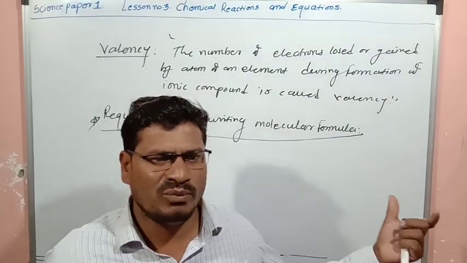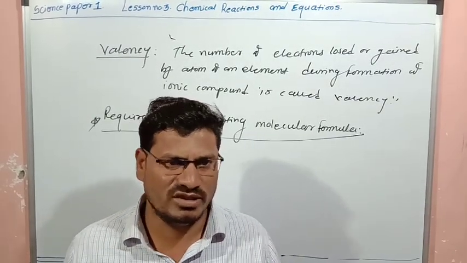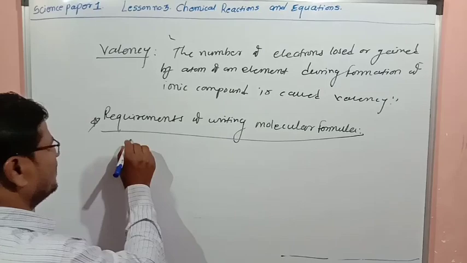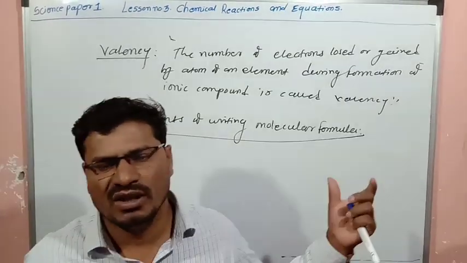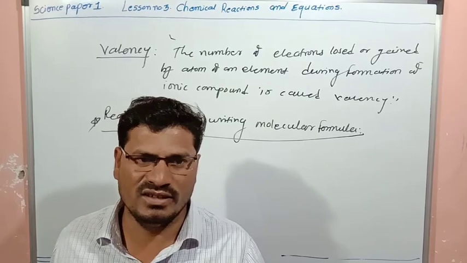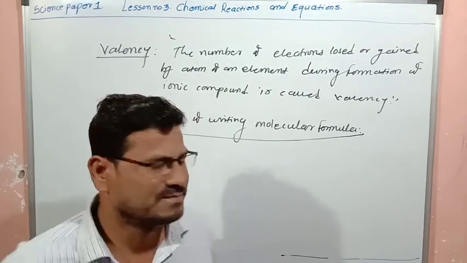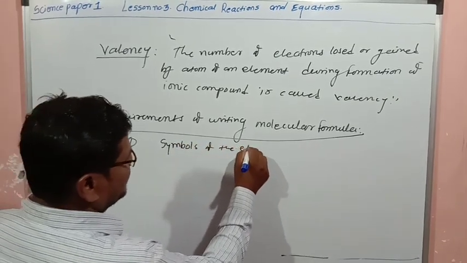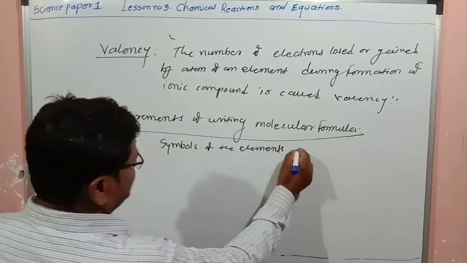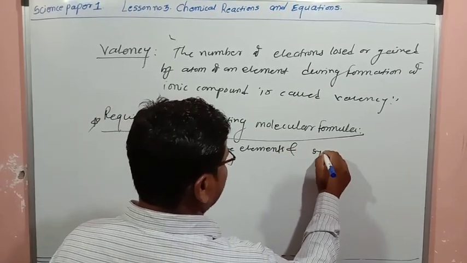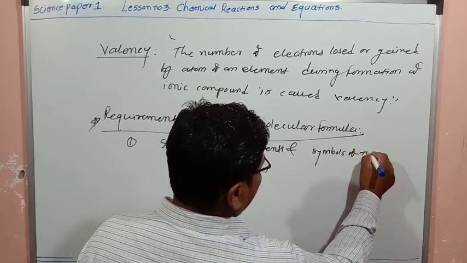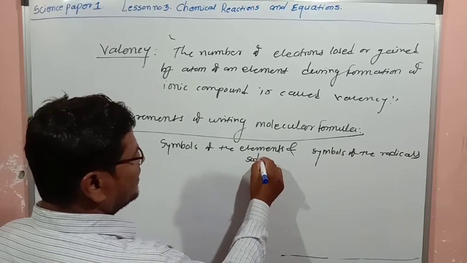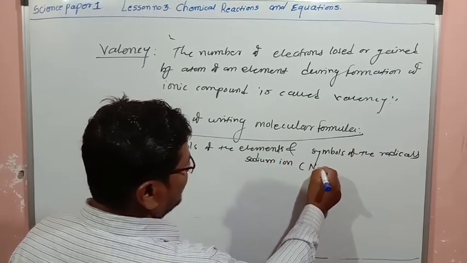When you want to write the molecular formula of any compound, different things are needed. First, you should know the symbols of the elements and the symbols of the radicals. For example, for a sodium ion you should know Na plus.